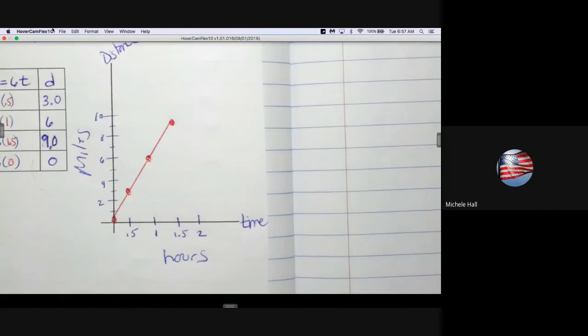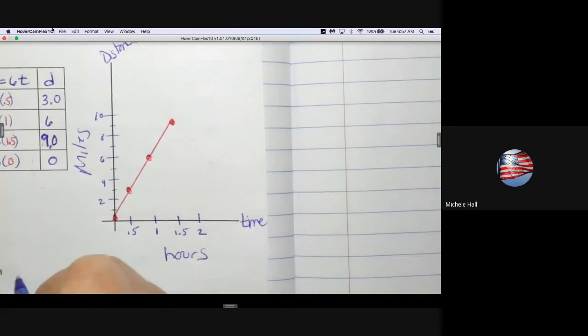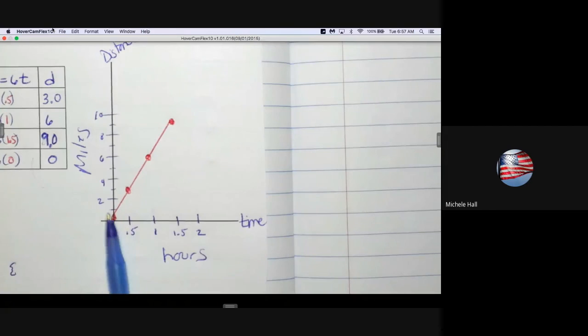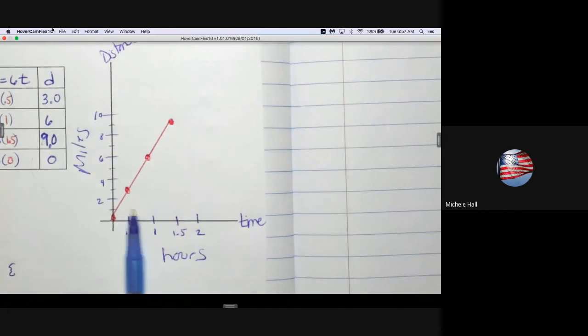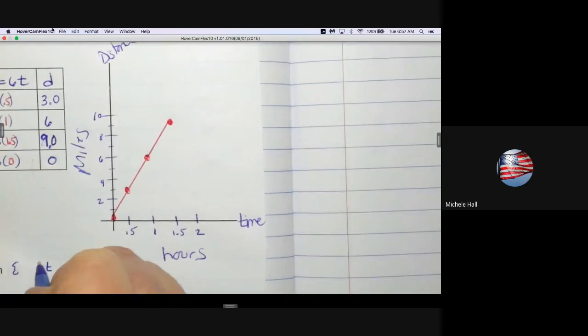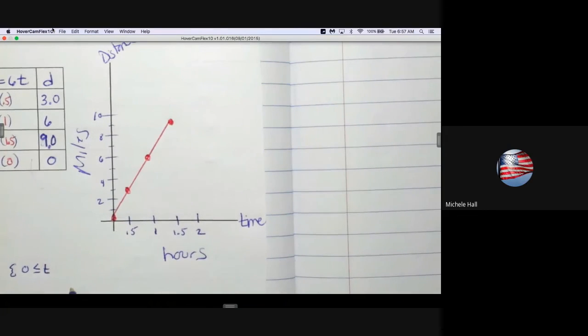Graph the function and identify domain and range. So the domain is between 0 and 1.5. The domain only goes from 0 to 1.5. Doesn't go to 2. So you could say that t has to be greater than or equal to 0, because it starts at 0.